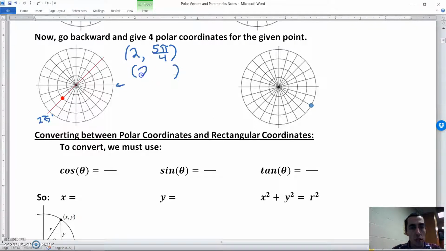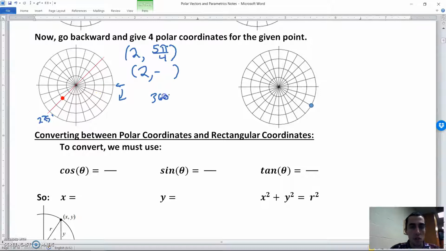Now there's another way that we can write this, and that would be by, instead of spinning counterclockwise, we would spin clockwise around. Now when you spin clockwise, remember from earlier this year, a clockwise spin is a negative angle.